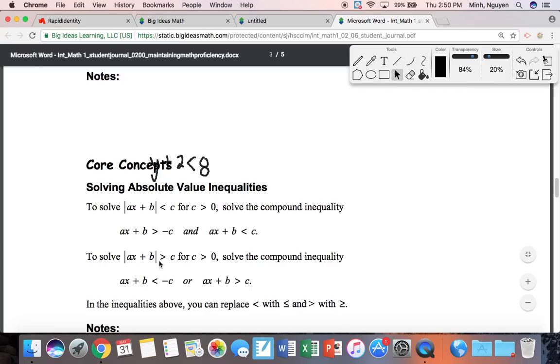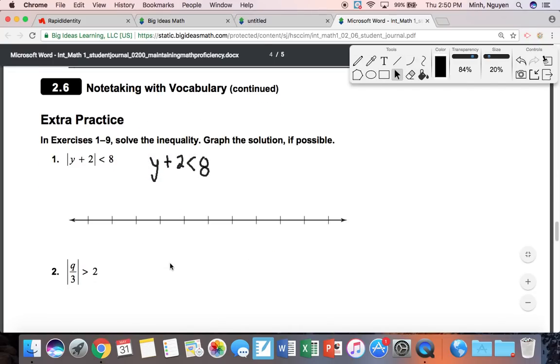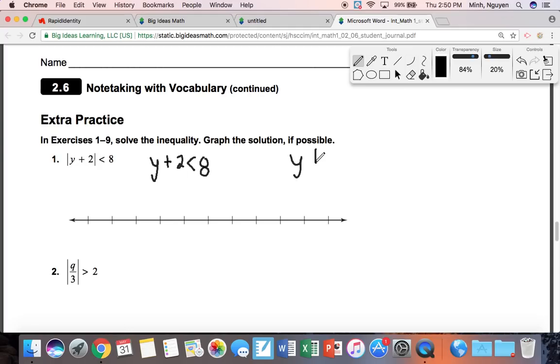Same here, if the original is greater than, then you keep it that way, but then when you make it negative, then you also have to swap the sign. So how does that apply for number 1? Well, y plus 2 is less than 8, but y plus 2 is going to be compared to negative 8, but because I had to swap the sign on that, then I'll also have to swap the symbol.